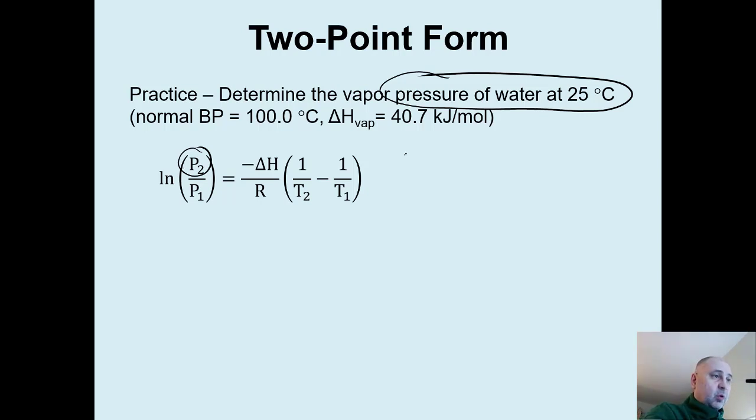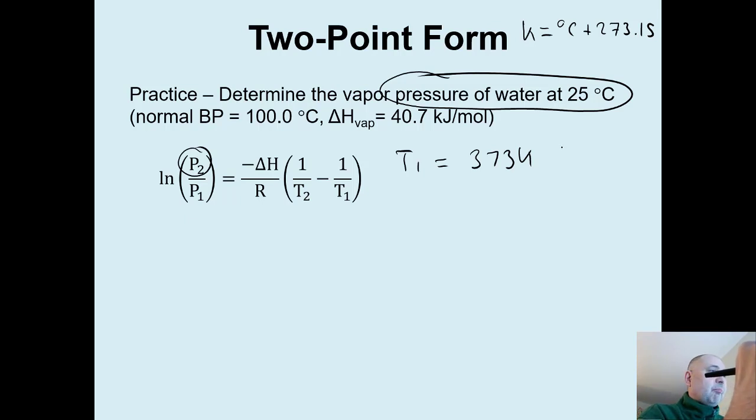Of course, temperature 1 is going to be the 373, which is boiling. So take note that I added 273. Kelvin equals the degrees Celsius plus 273. You probably remember that from first semester, hopefully. Degrees C plus 273.15. That's how I got the 373 Kelvin.